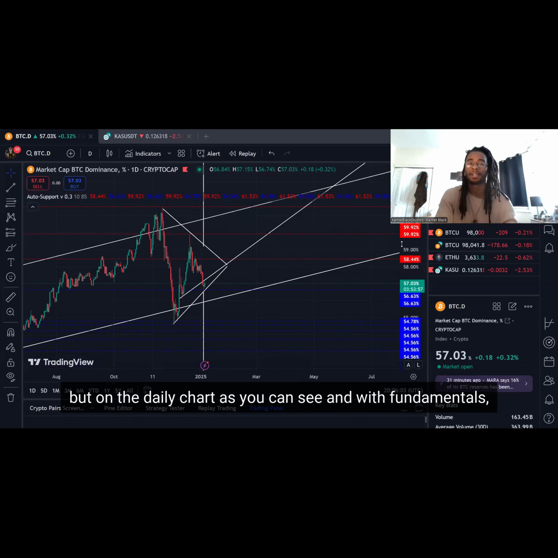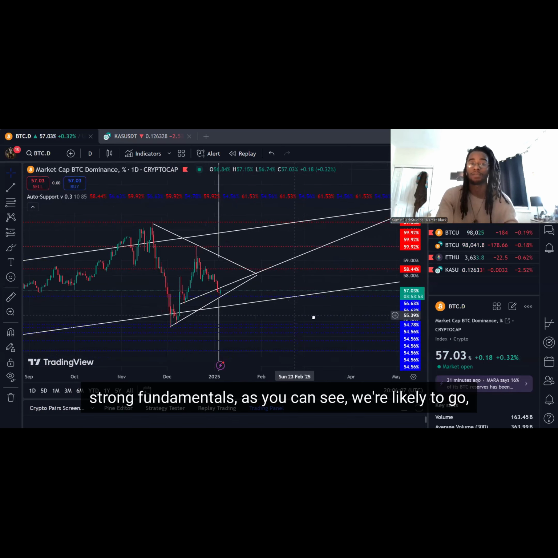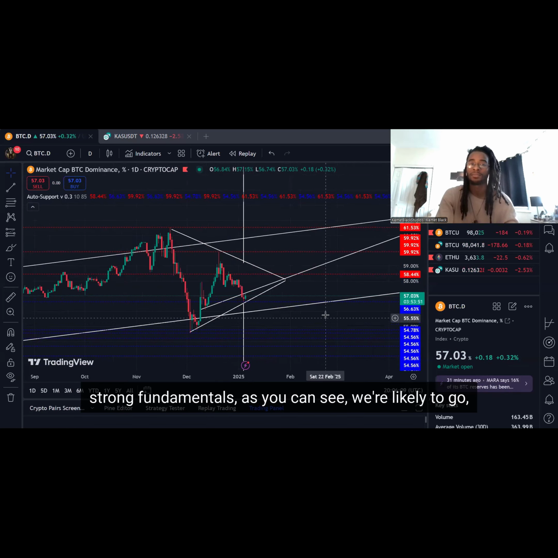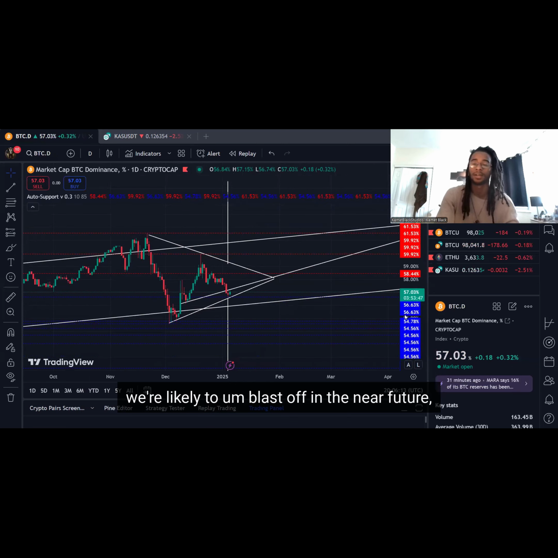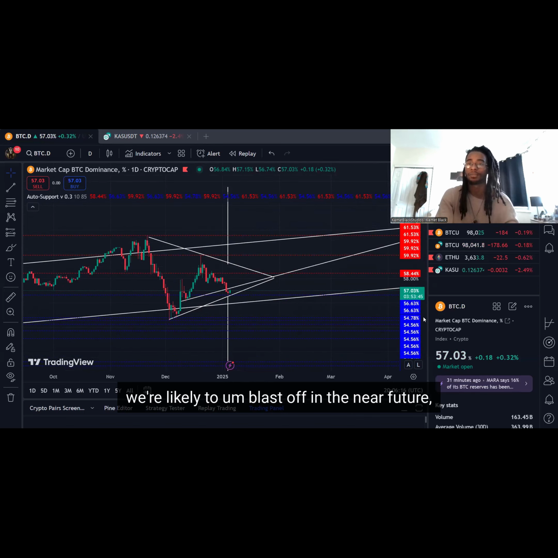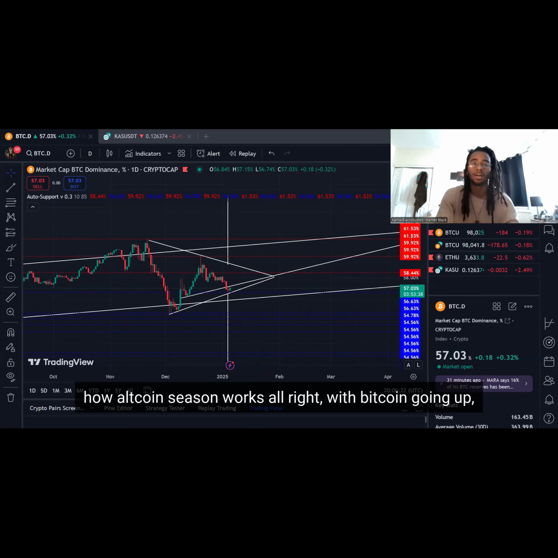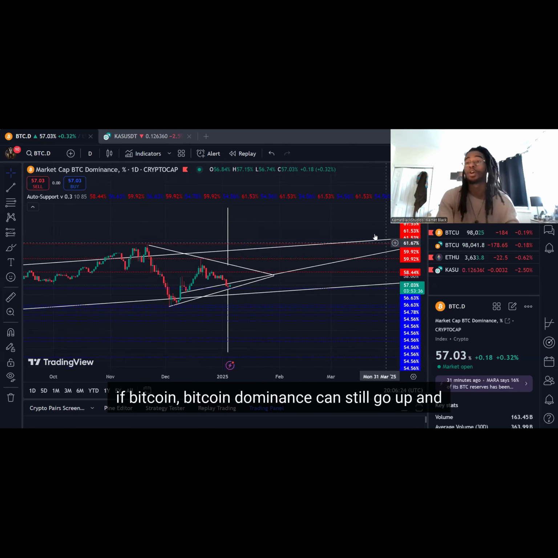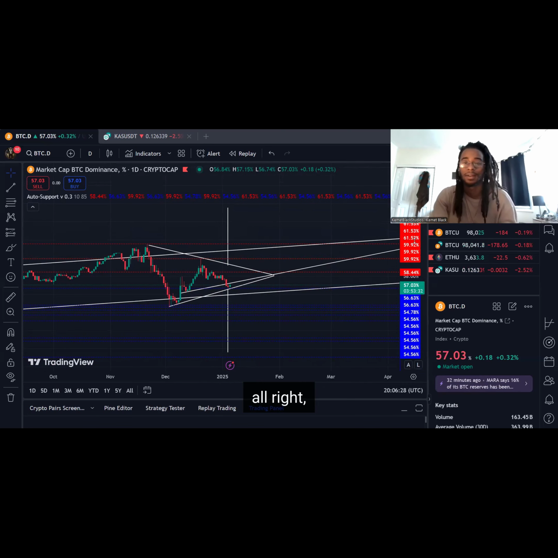But on the daily chart, as you can see, and on coins with strong fundamentals, we're likely to blast off in the near future. That's just how altcoin season works. With Bitcoin going up, if Bitcoin dominance can still go up, altcoins can move as long as they have strong fundamentals.